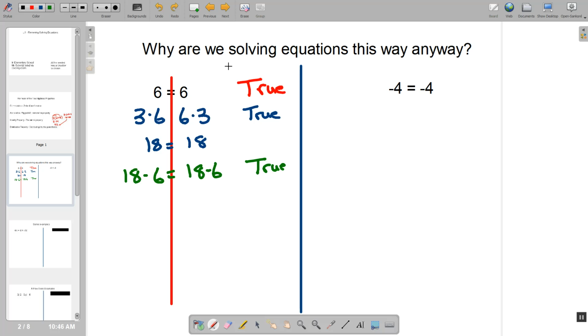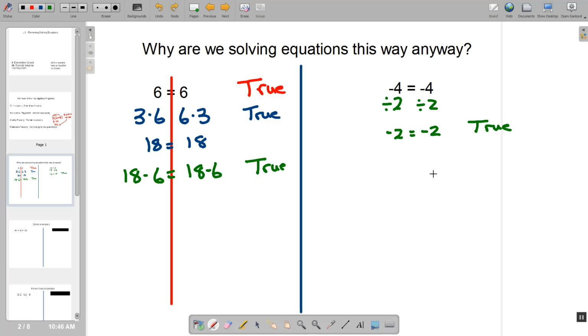So the goal of working through equations is you want to do the same operation to both sides of the equation. That will make the equation continuously true, and then you can solve for the missing value of x. Over here, the same thing can be said for division. So if I divide both numbers by 2, I would get negative 2 equals negative 2.